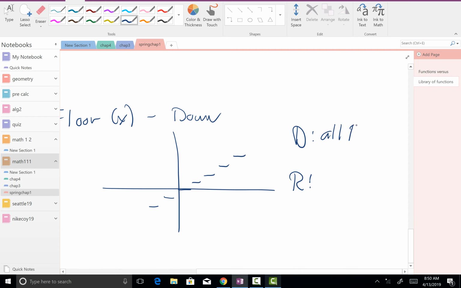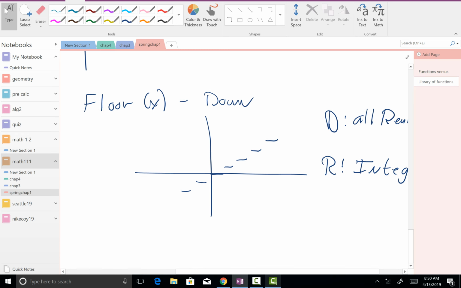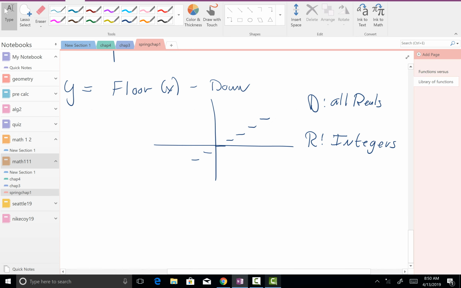All reals for the domain, right? And the range is the same, but we don't get fractions or decimals. So whole numbers are positive, but I understand what you're saying. We'll just say these are integers, because the integers are positive and negative whole numbers, right? Okay. So there's floor.